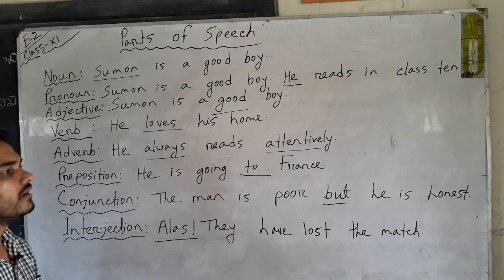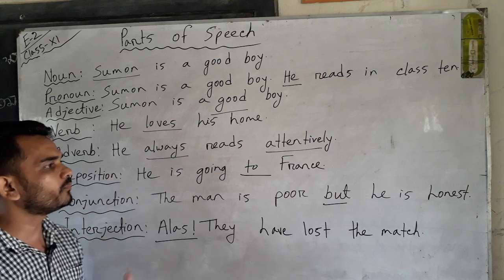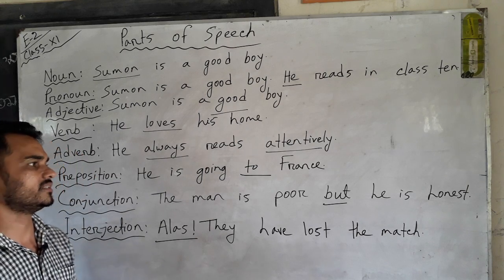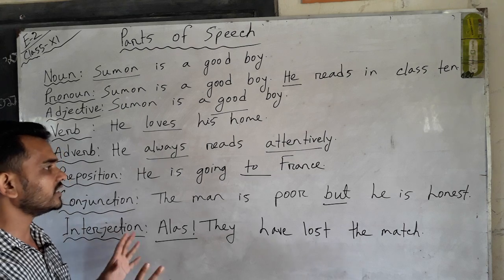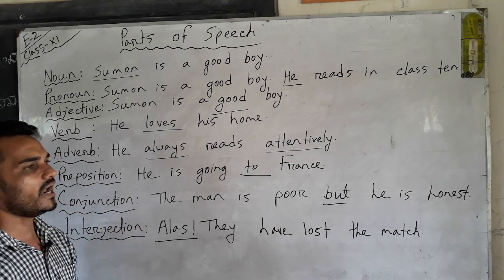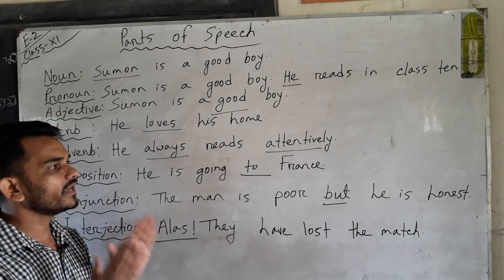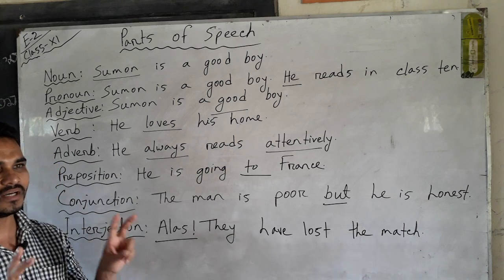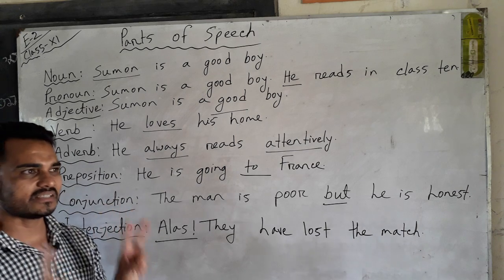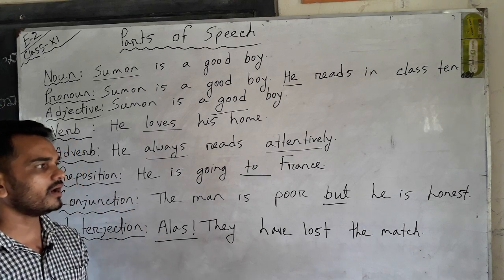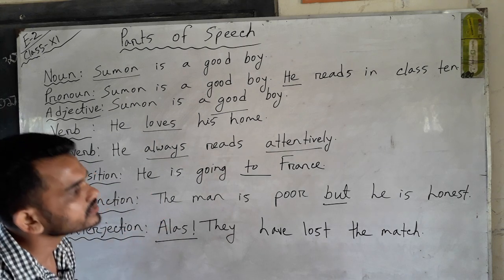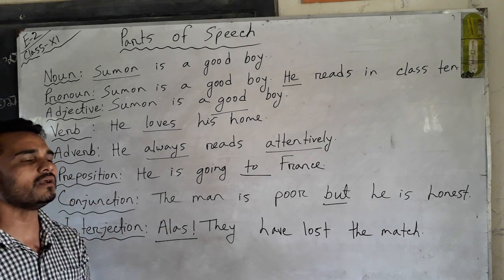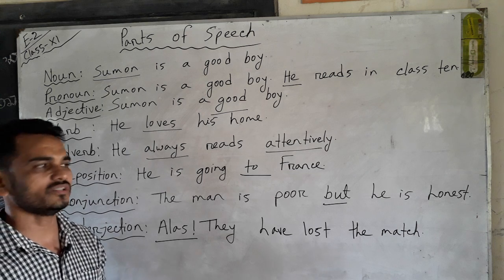Here I gave an example: The man is poor but he is honest. Here look, I used two sentences. One is the man is poor and the other sentence is he is honest. Here the two sentences are connected by the word but. So here the word but is a conjunction.